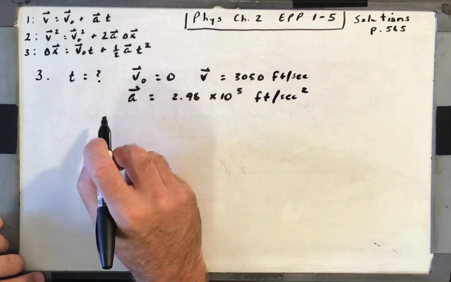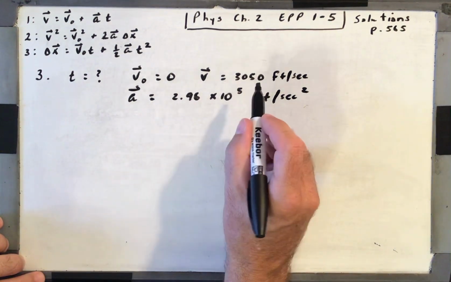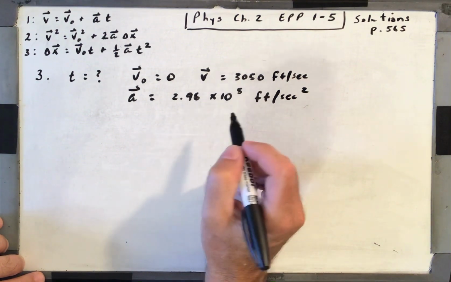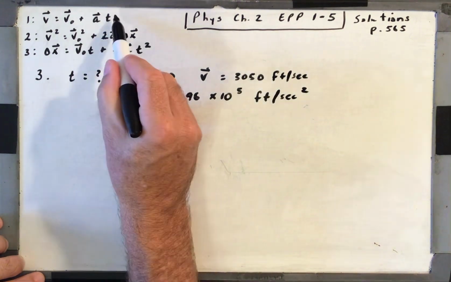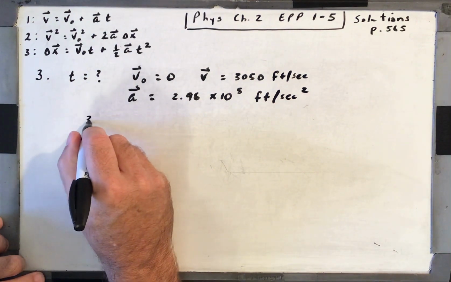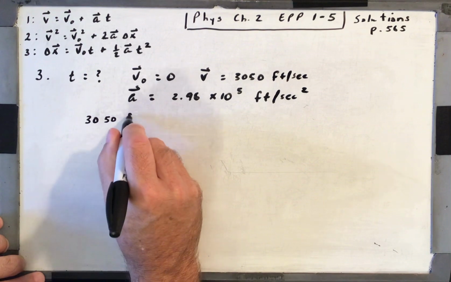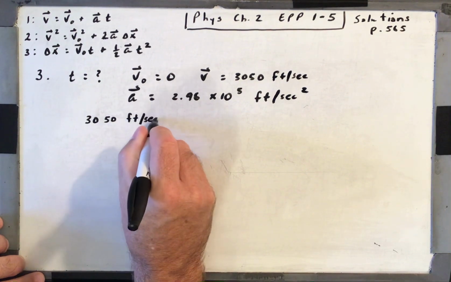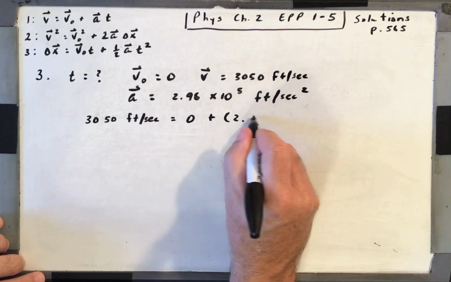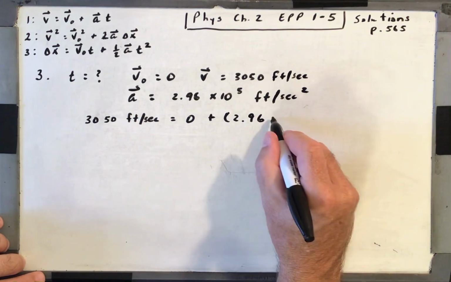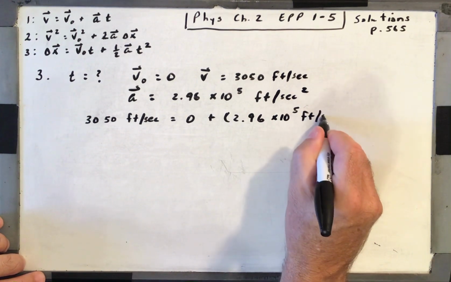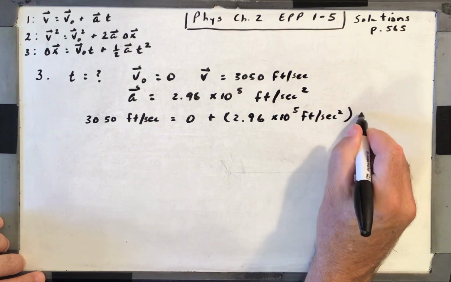Okay, we're trying to get time. We know initial velocity, final velocity, acceleration. I think we can just put this into equation number 1. So I'd have 3,050 feet per second is equal to 0 plus 2.96 times 10 to the 5th feet per second squared times time.